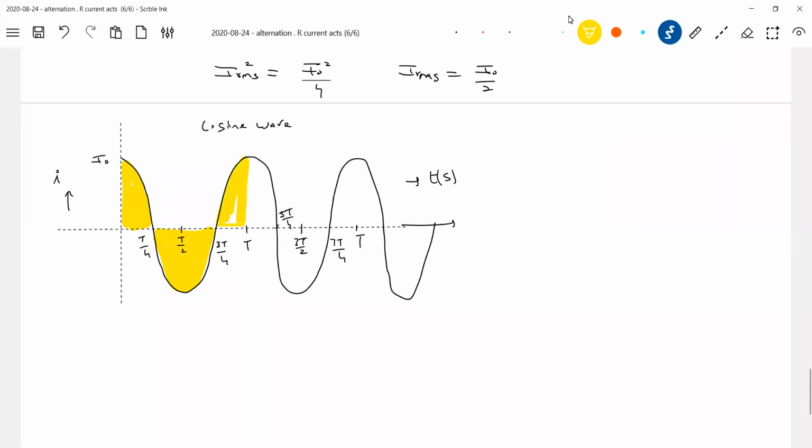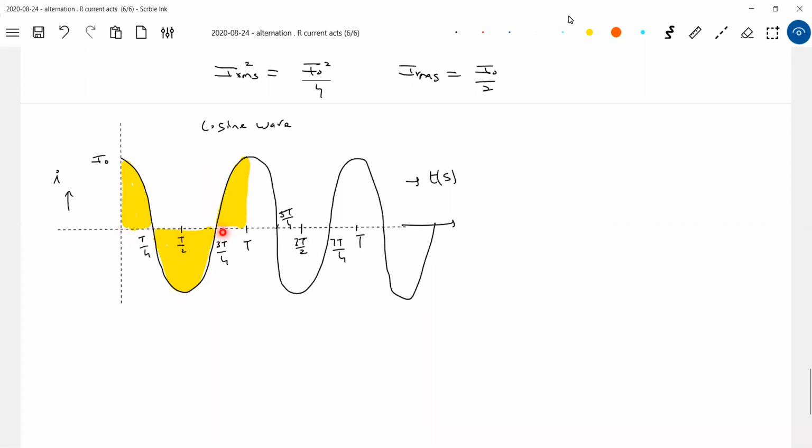One cycle is what I'm showing here. Now you have to be careful. First, how will the current flow? The current will flow in the positive direction for T by 4 seconds. Then it changes direction, and for another T by 2 seconds it will be in the negative direction. Again it comes back to the positive direction.